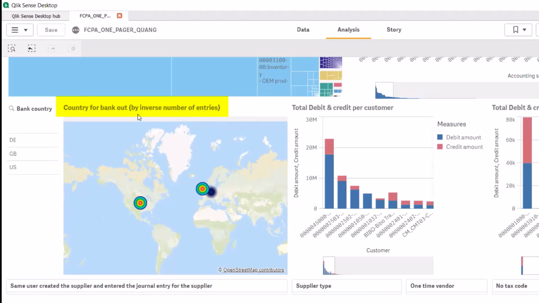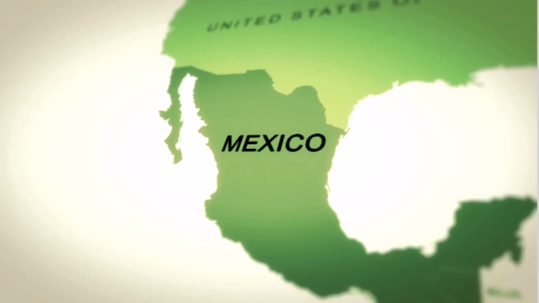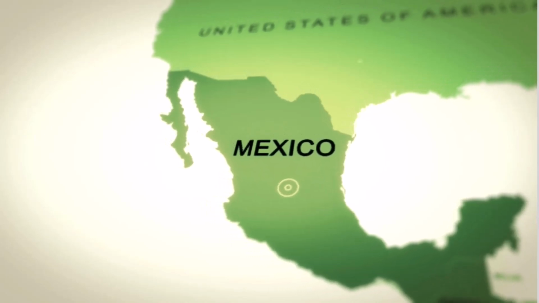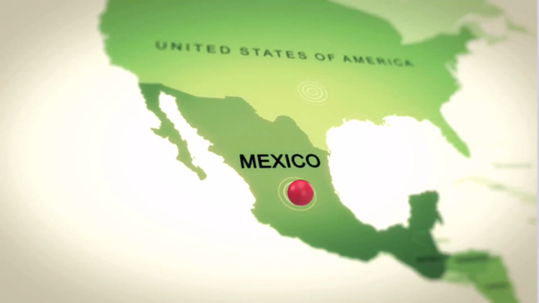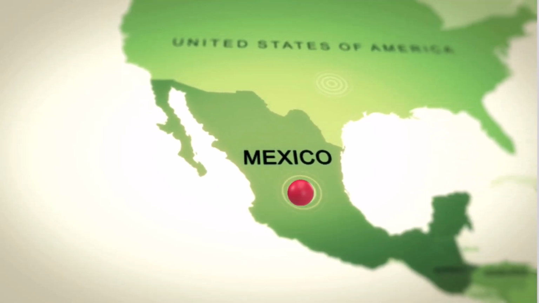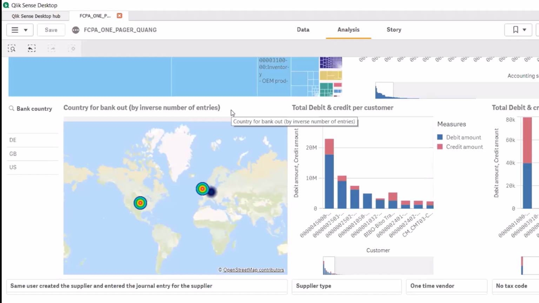And what we've done here is done by inverse number of entries. So what does that mean? It means that basically the dot is going to be bigger if it is rare, right? So if, for example, I did put in the data here from 1994, you would see there'd be a massive dot for Mexico, because basically what happened in 1994 in this data is that there was a one-off payment to Mexico, but it's actually really rare.